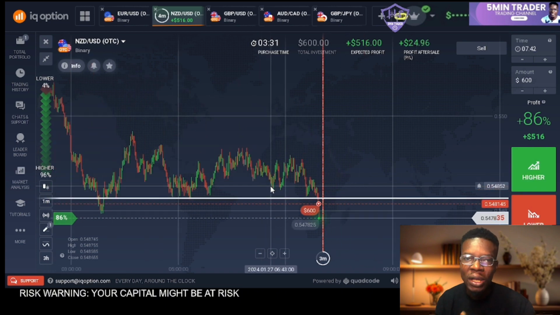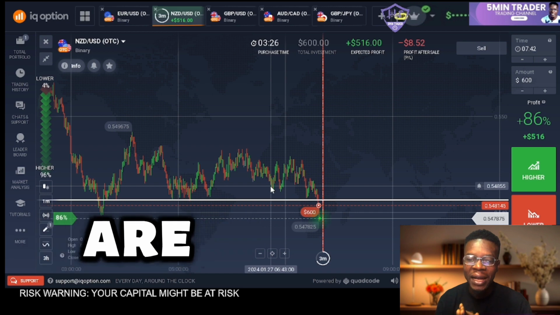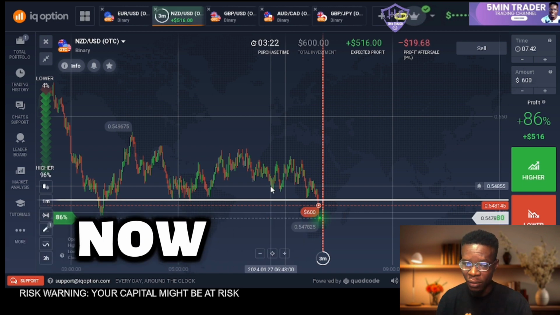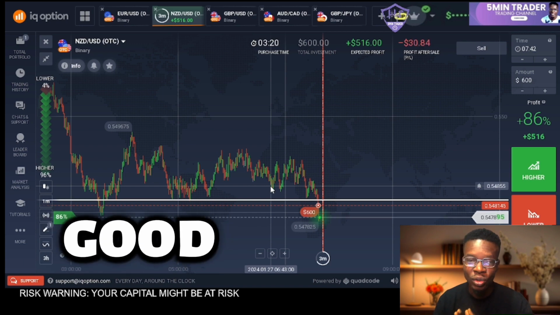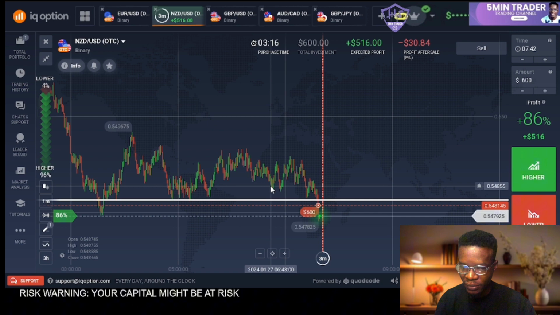Now you need to learn to be able to spot entries. The entries are the most important things you need to try to spot. If you have very good entries, it will increase your chances of winning your trade.